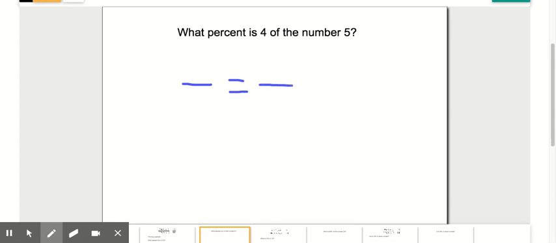Now I have to remember my percent proportion. I'm looking for what percent is 4 of the number 5. I won't know my percent right now.